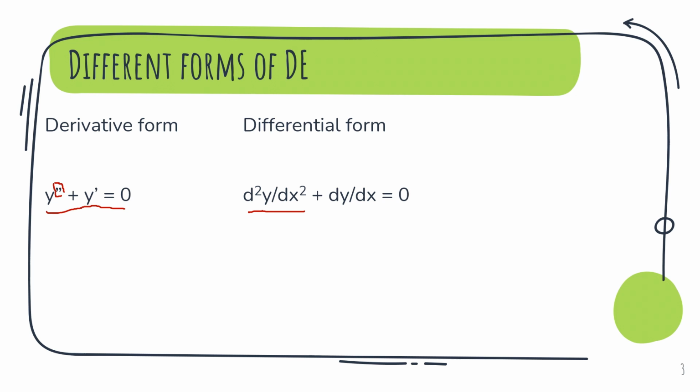As you can see, you may recall the knowledge of your differential calculus na ang y double prime or y prime is equal to dy over dx. Next is the differential operator. May encounter nyo to sa mga susunod na videos along the differential equation.